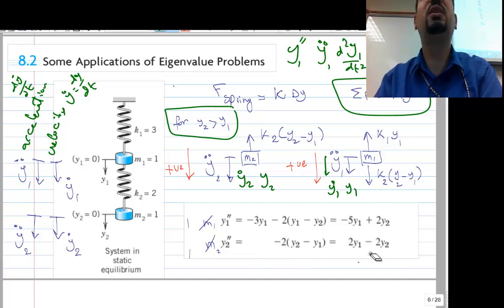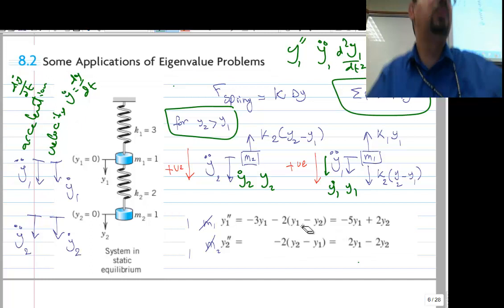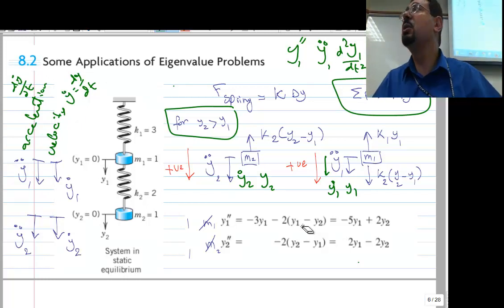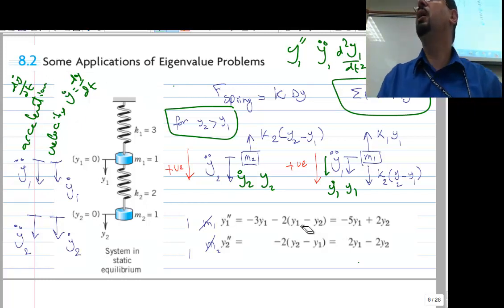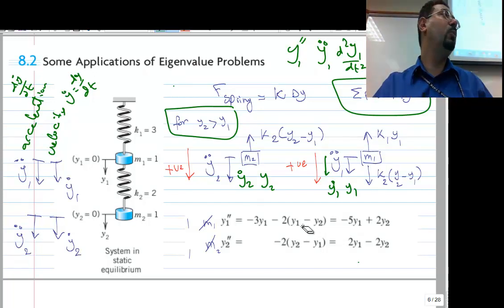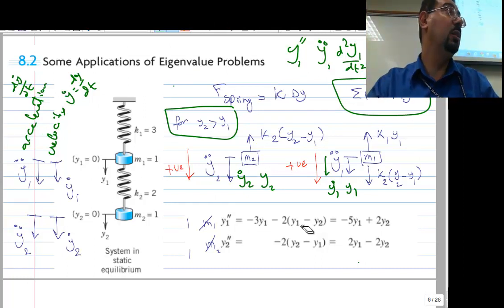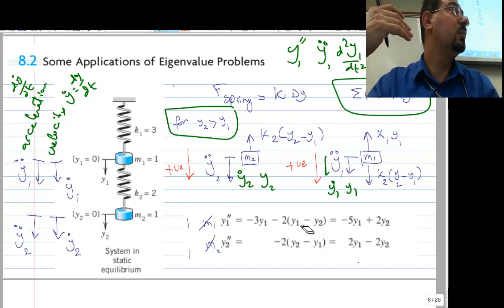This is two simultaneous ordinary differential equations. And we will learn how to solve them later as differential equations in the course. But for now, actually the problem reduced to an eigenvalue problem, which again, as I told you, is really easy to solve using just eigenvalue techniques.